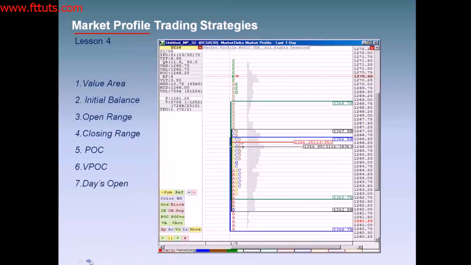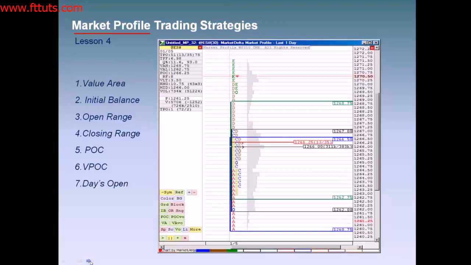All right, there are 7 other key things that I want to make sure everyone in the room is now able to identify and understand on a profile chart. We will begin with the value area. What are the parameters of the value area on this chart? When I say the parameters, I mean what is the bottom limit and what's the top limit of the value area.